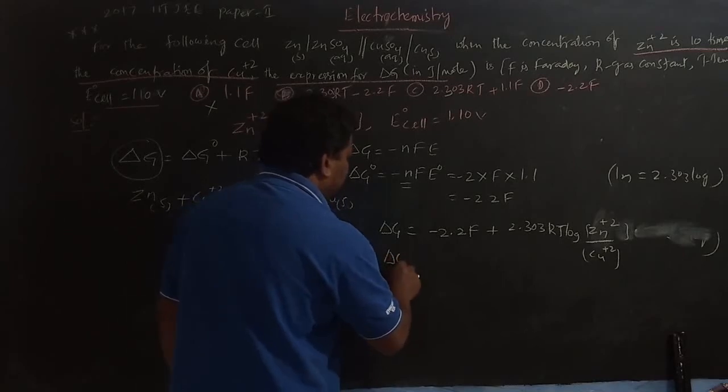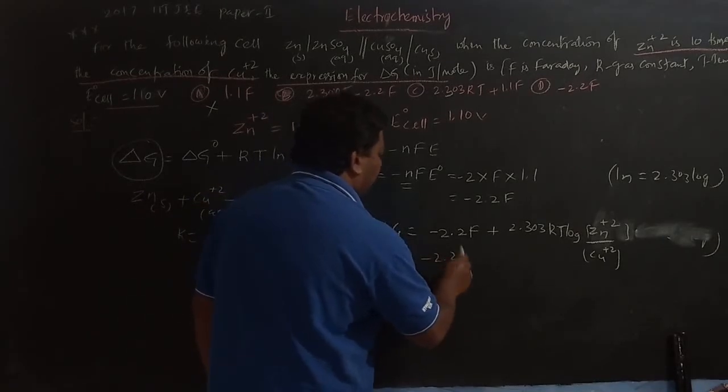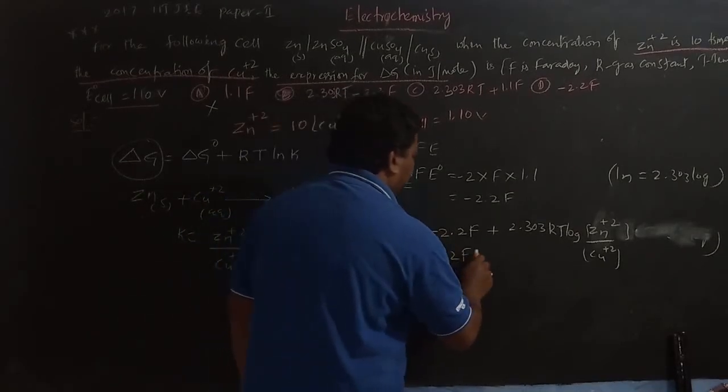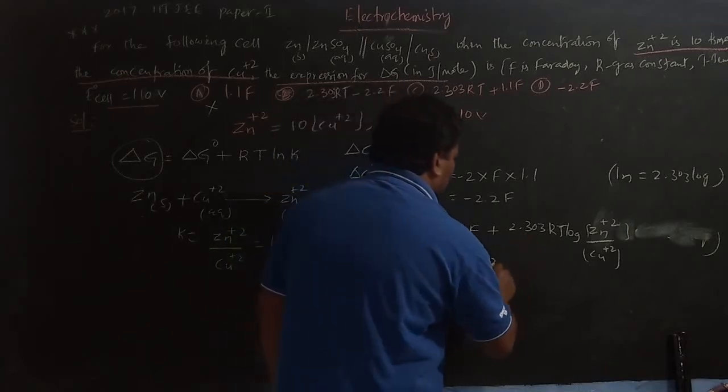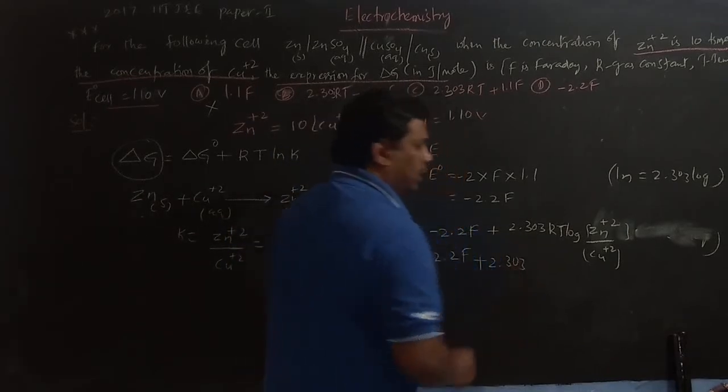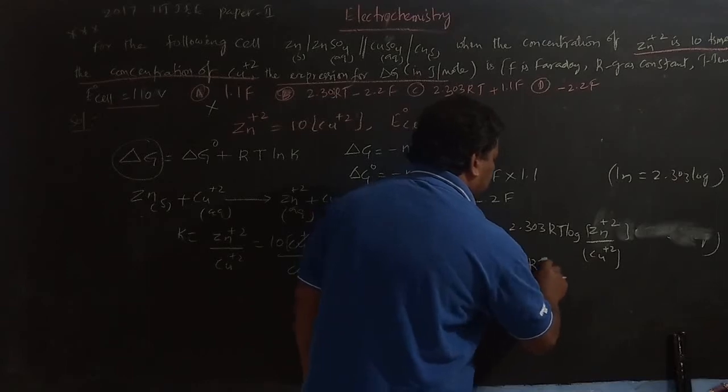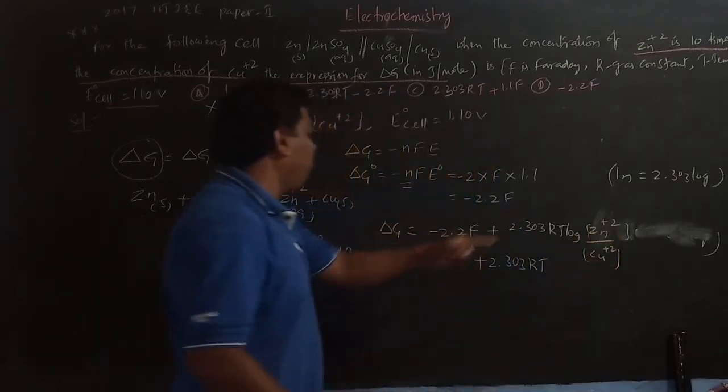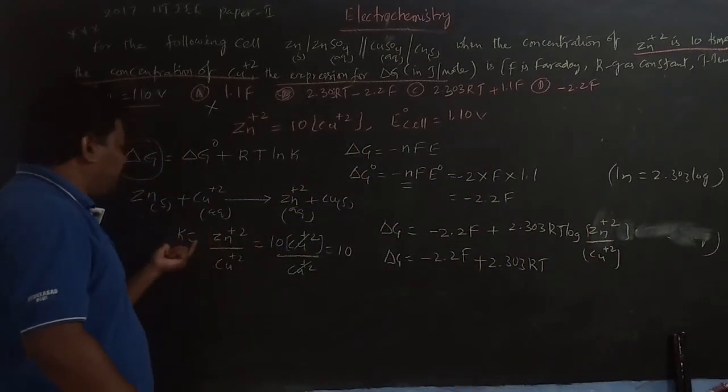So delta G is equal to minus 2.2 F plus 2.303 RT times log of Zn2+ by Cu2+, which is K.